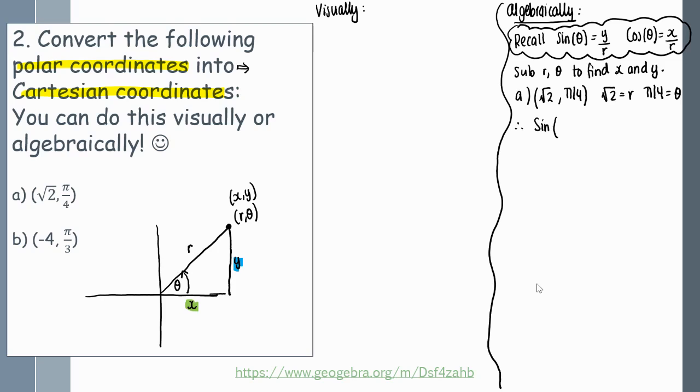So we can say sine theta, or sine pi on 4, is equal to y, that's what I'm trying to find, over r, where r we said was square root of 2. Again, cos, we can do the same. So we have cos pi on 4 is equal to x, what I'm trying to find, over root 2. Now all I have to do is rearrange both equations to make y and x the subject, and then I'll be able to determine what x and y are.